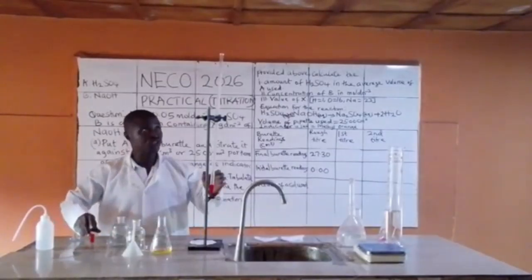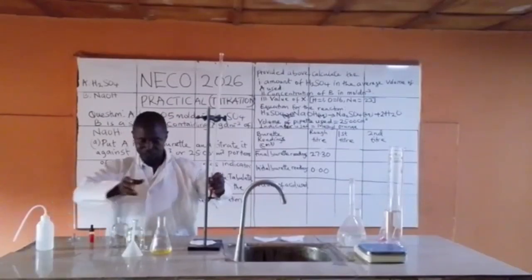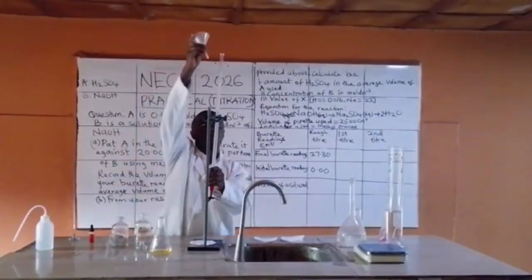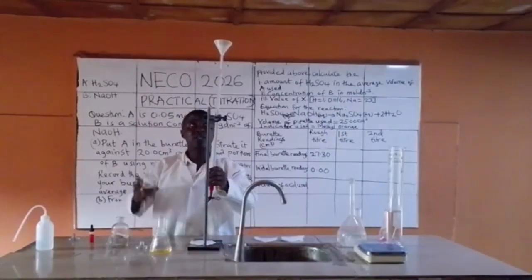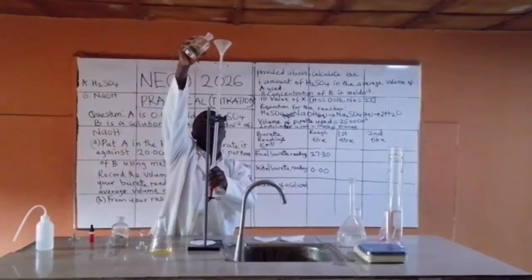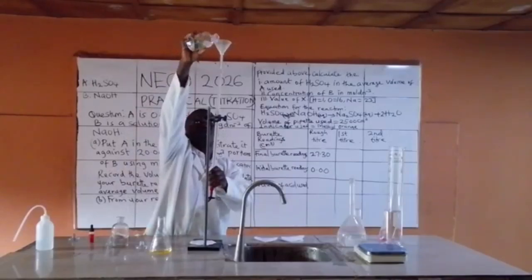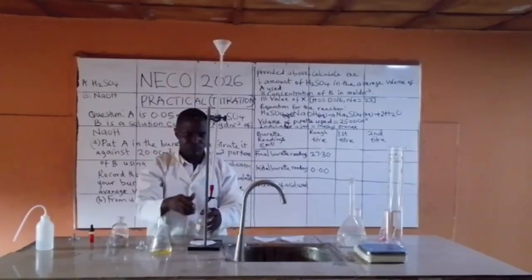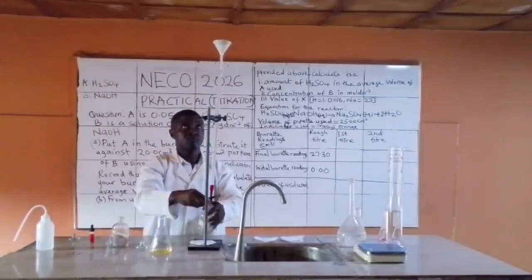Having added the methyl orange, we have to add more acid to the burette so that the level of the burette can reach 0 cm³.